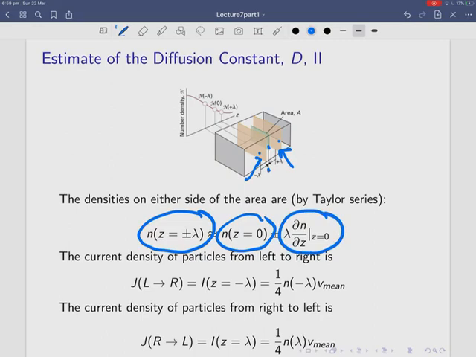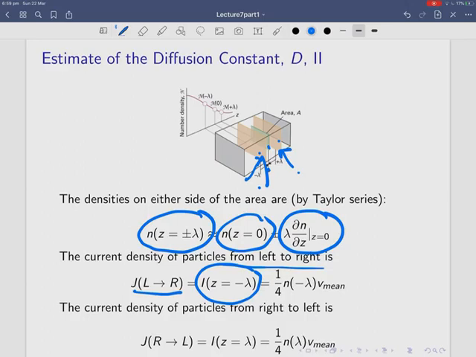The current density of particles moving from left to right is given by this. J left to right is given by J at z equals minus lambda, in other words, here, which is a quarter of n at minus lambda, that's z equals minus lambda, times v mean.